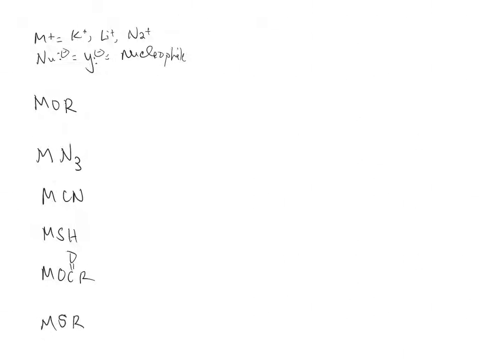So this first one, of course, the M is a metal cation, but what does that look an awful lot like? MOR looks an awful lot like, if the M was a hydrogen, an alcohol.